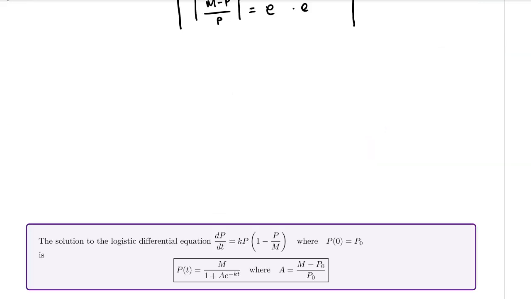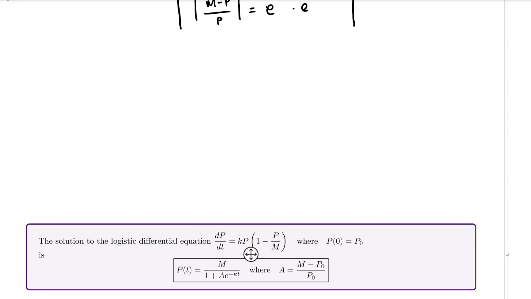So we did all of that work to show the solution to the logistic differential equation dP/dt is equal to k times P times the quantity 1 minus the fraction P over M, where P of 0 is equal to P naught, and the solution is the thing in the box we see, P of t equals capital M over 1 plus capital A times e to the negative kt, where capital A is (M minus P naught) divided by P naught.